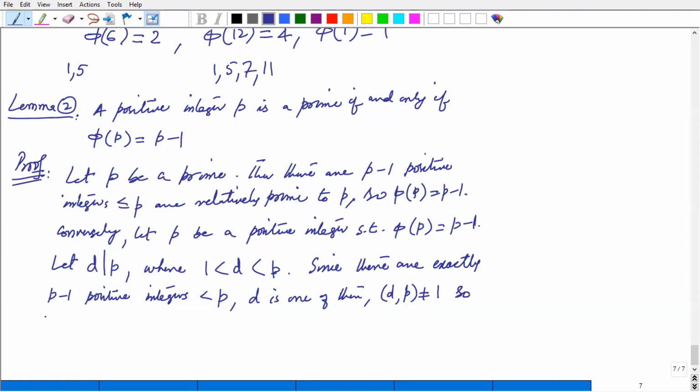So phi of p must be less than p minus 1. So this gives a contradiction.